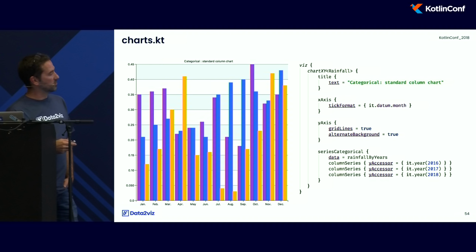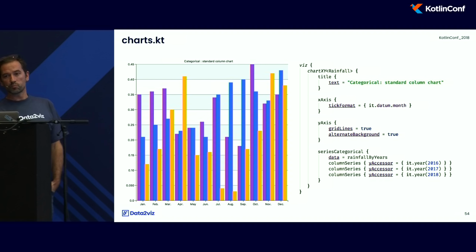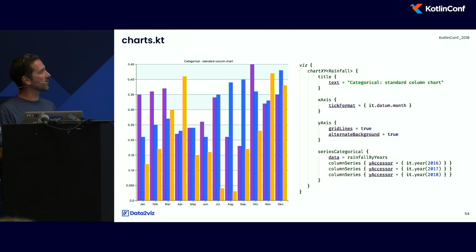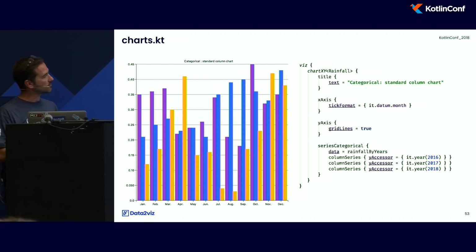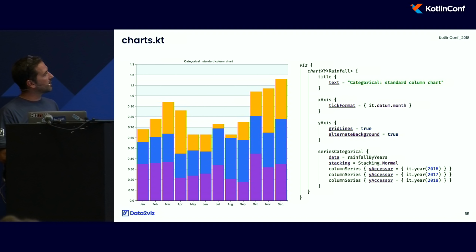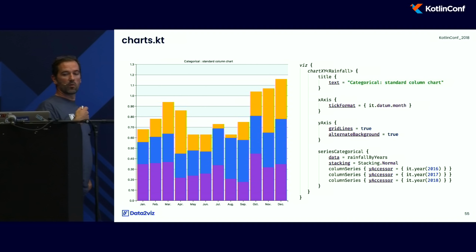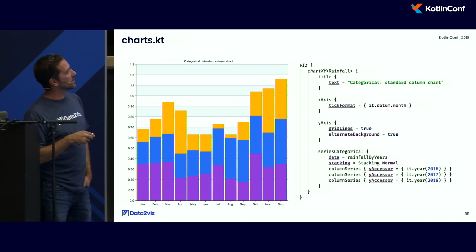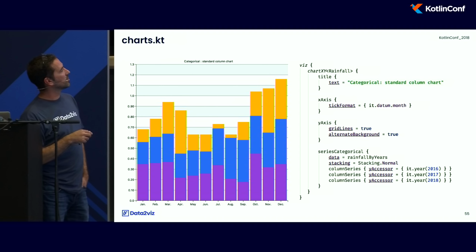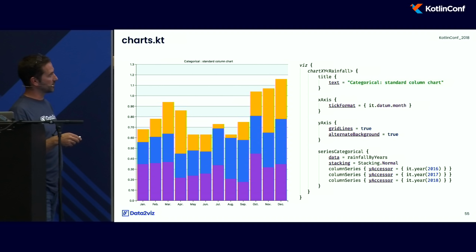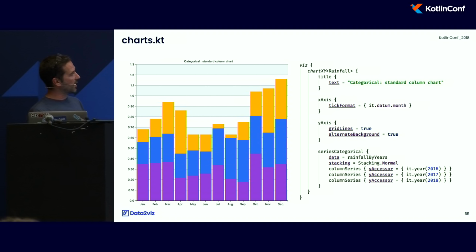If I want to have some alternate background, I just add another line. And if I just want to change the way it's rendered, here I want to use a stacked column chart. So I just go on the stacking, set the starting attribute, and set it to stacking normal.